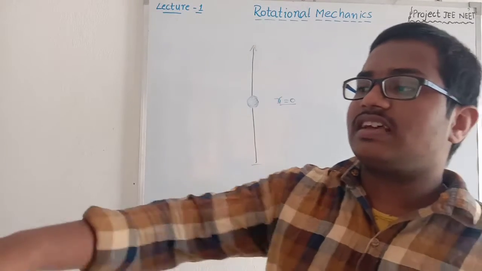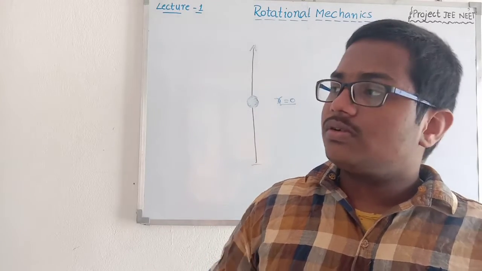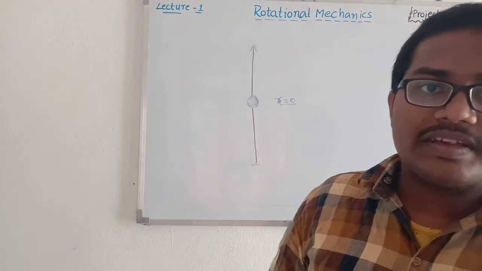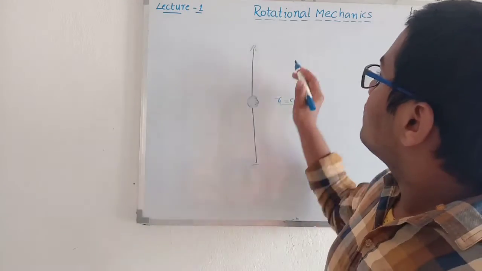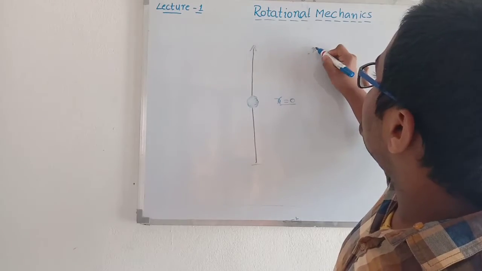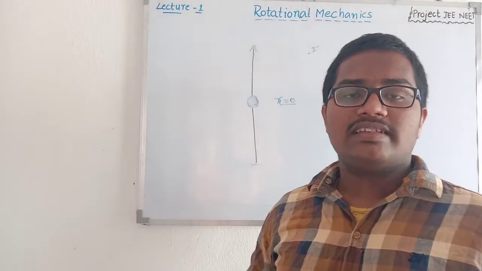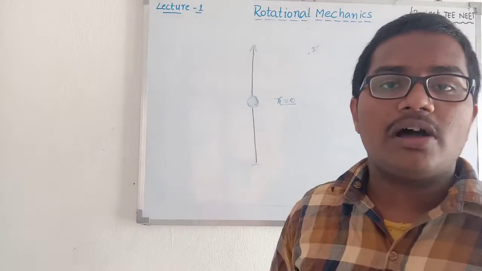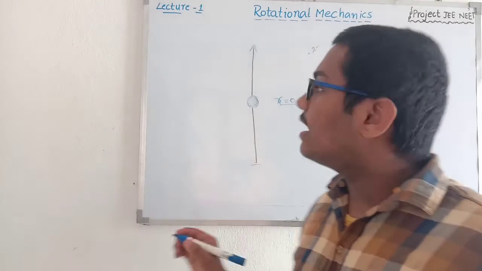For a circular disc it will be different, for a sphere it will be different. So for different types of cases, different moment of inertia will be acting here. So moment of inertia mainly depends on two things: first, the mass of the body, and second, the distribution of the mass of the body. So we have completed this problem.